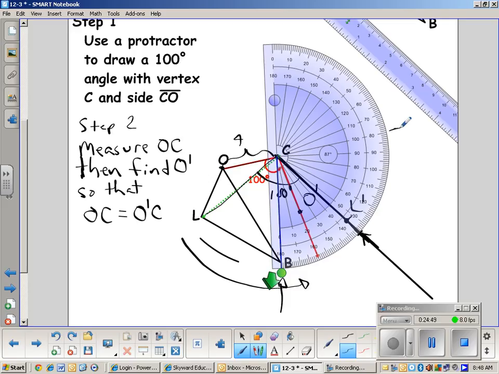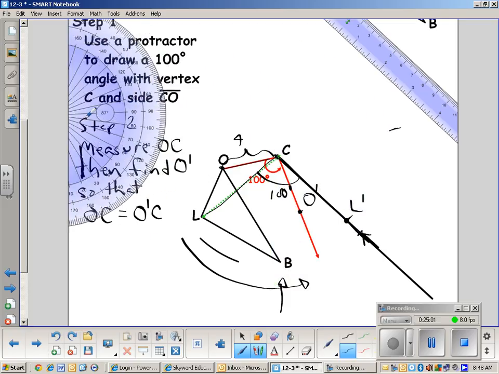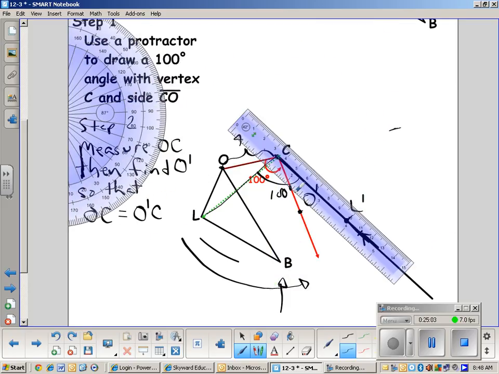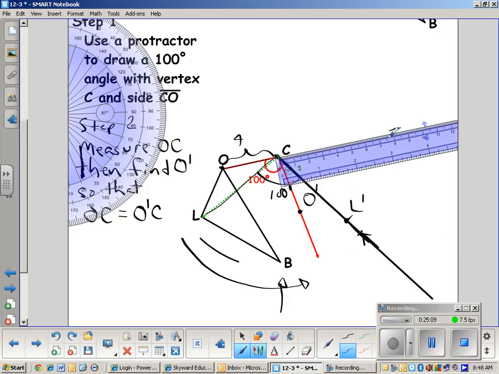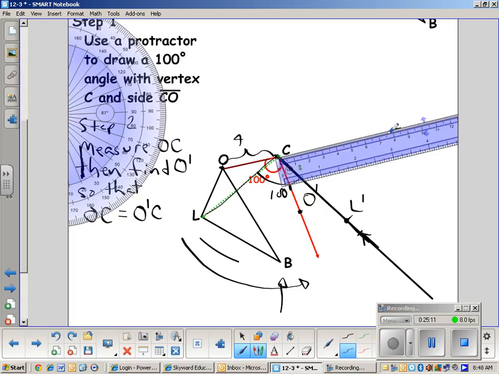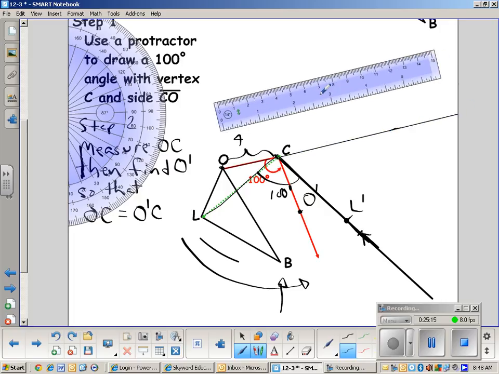After I measure 100 degrees, I draw that line, right? I'm going to move my protractor out of the way now, I'm done with it. I'm going to draw this line from C, the center of rotation, through a point.